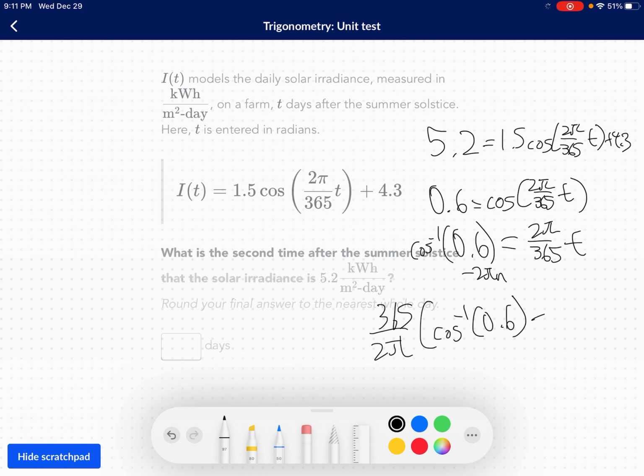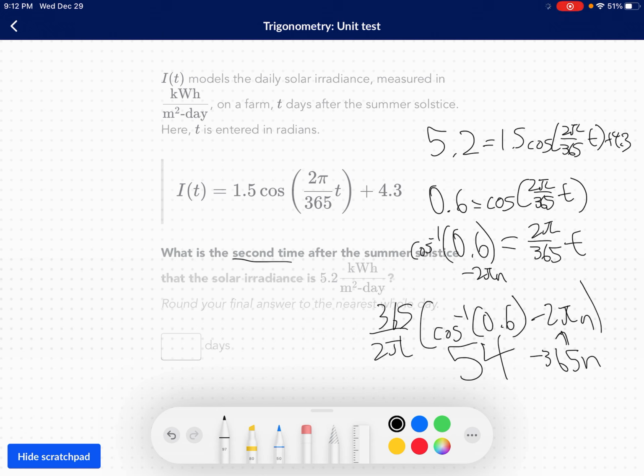This is after, so 2 pi n turns to 365 n after. So inverse cosine of 0.6 times 365 divided by 2 pi, you get 54.